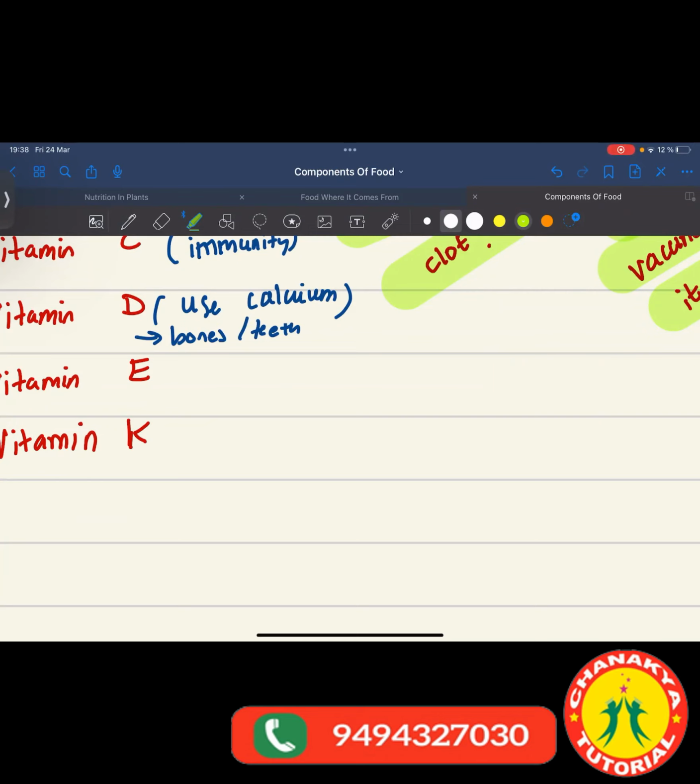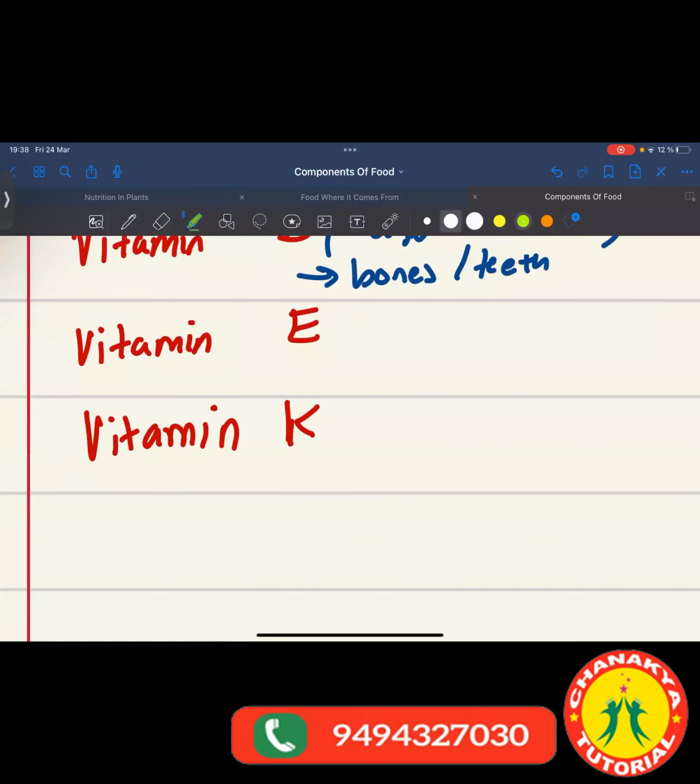So from the food, you know that everything is found in oil. So what is the function of vitamin E? Any of you know the function? No, ma'am. Okay. So basically they are called antioxidants.